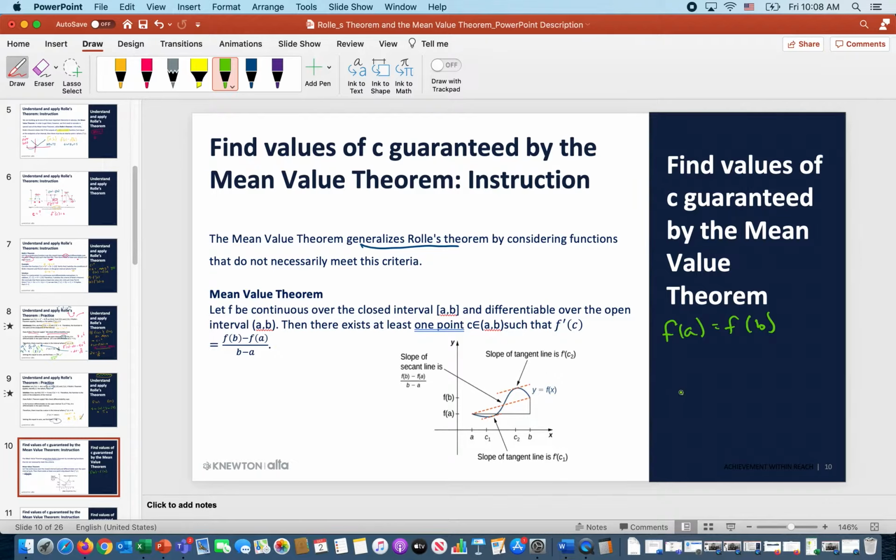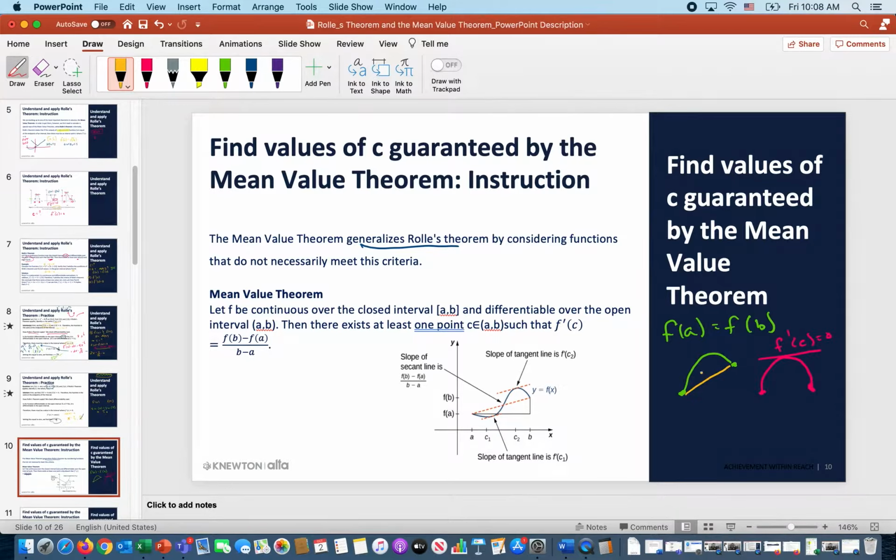Well, if f of a and f of b are different y values, then we have a shape that looks more like this as opposed to one that looks more like this, okay? So our ability to guarantee that horizontal tangent line goes away now, because I could connect these 2 points with just a straight line.